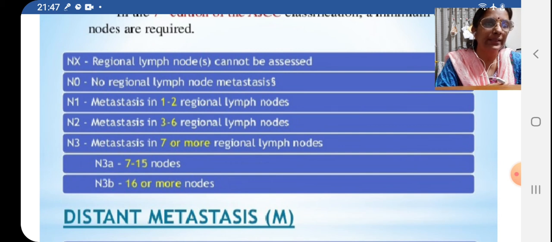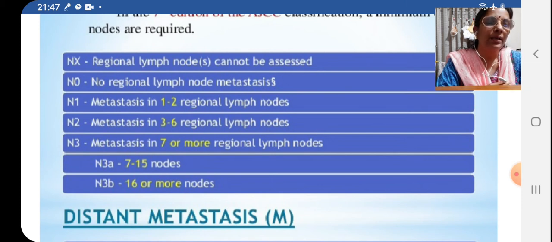N3 means metastasis in 7 or more regional lymph nodes. In that, if 7 to 15 nodes are involved, that is N3A. That means involvement of the lymph nodes at the root of mesentery and hepatoduodenal ligament, that is N3A.